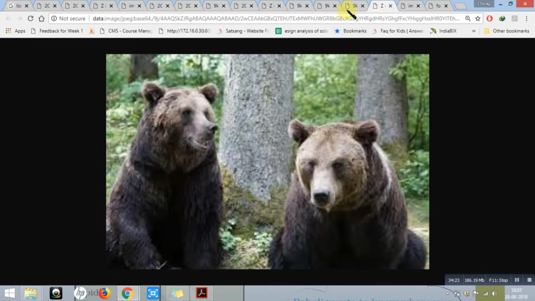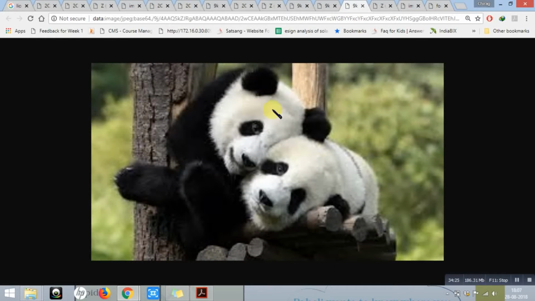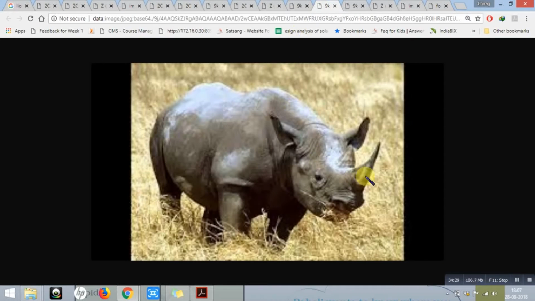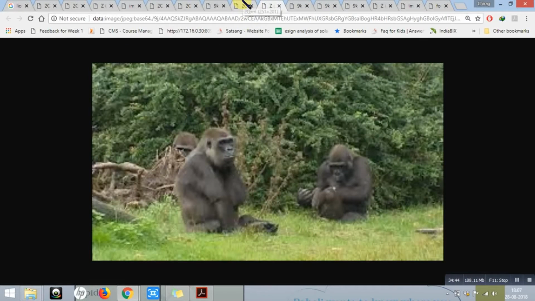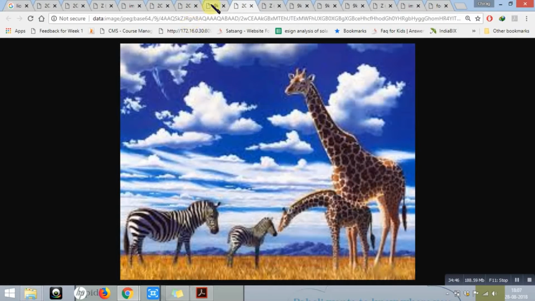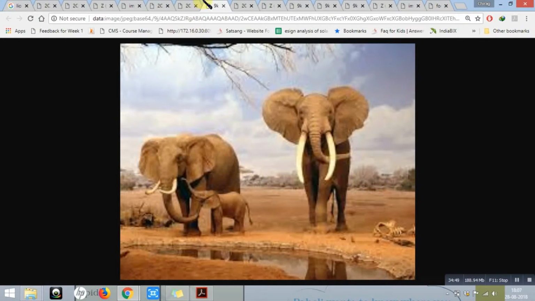Bear is a herbivore. Panda is a herbivore. Hippo is a herbivore. Zebra is also a herbivore. So these are some herbivores and carnivores. You have to identify which are they. Chimpanzees are there, giraffe is there, elephant is there.